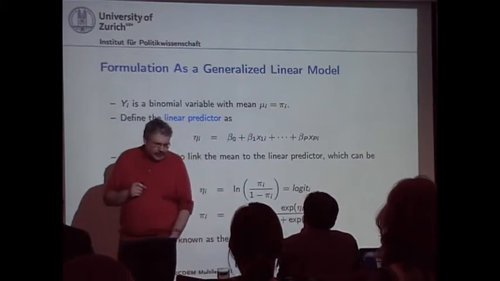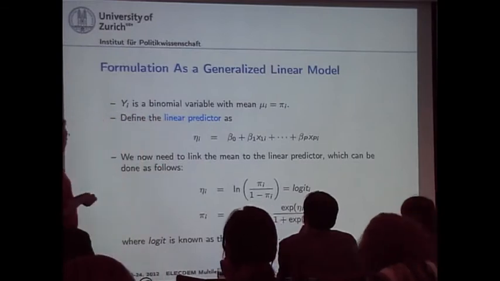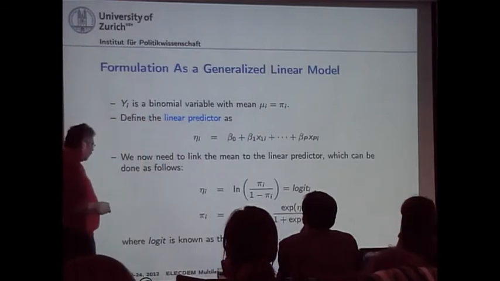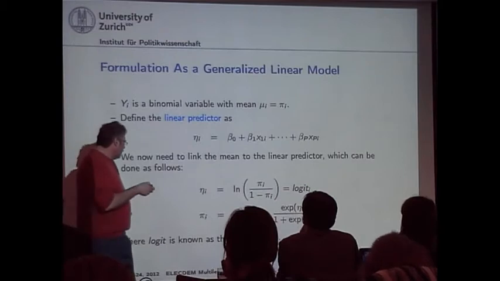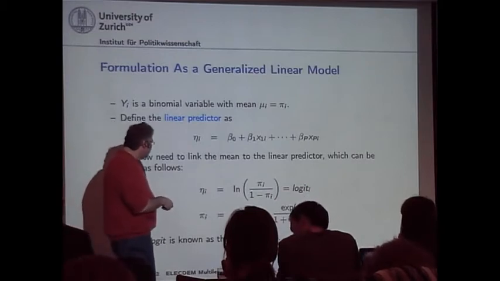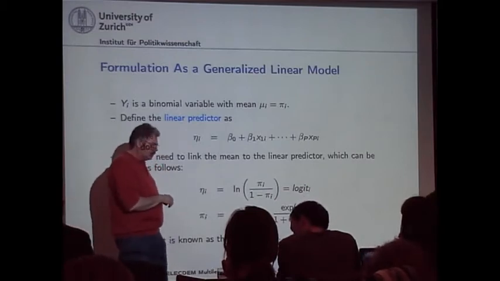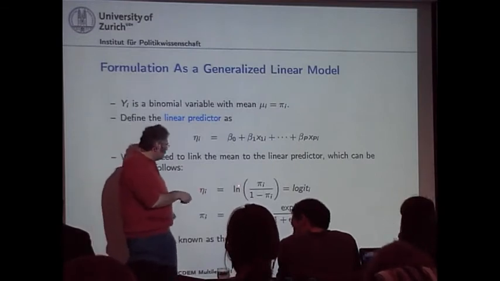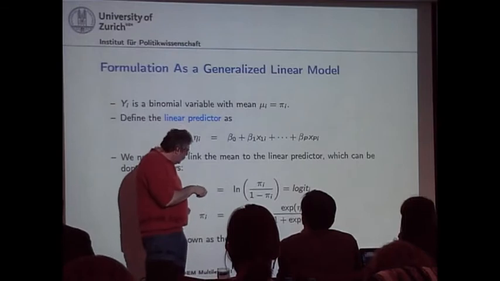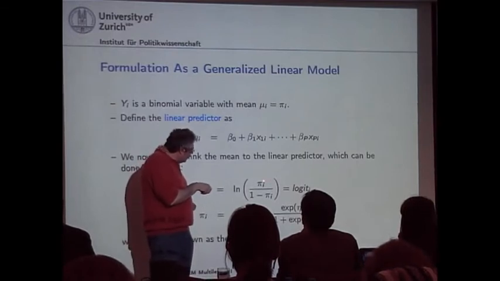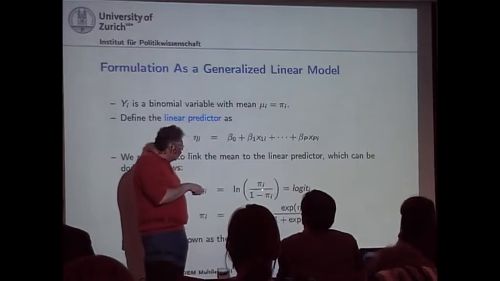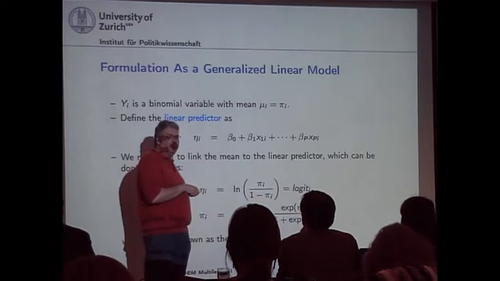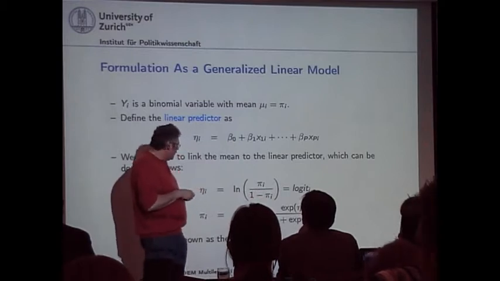And how do we do this? We do this by way of the Logit link function. It turns out that, at least in the Logit model, this linear predictor is equal to the natural logarithm of the probability of voting for Labour over 1 minus the probability of voting for Labour.